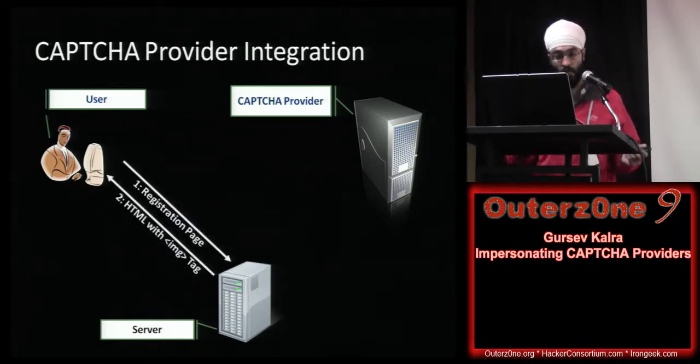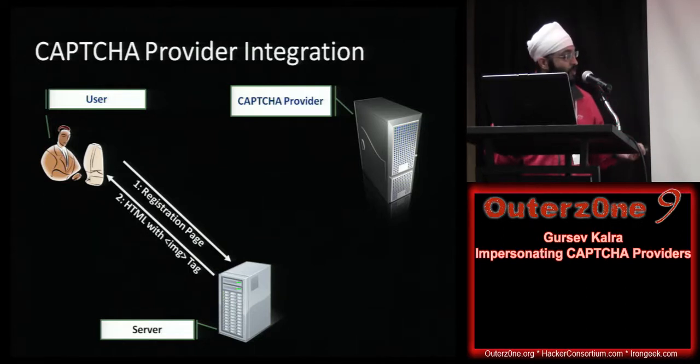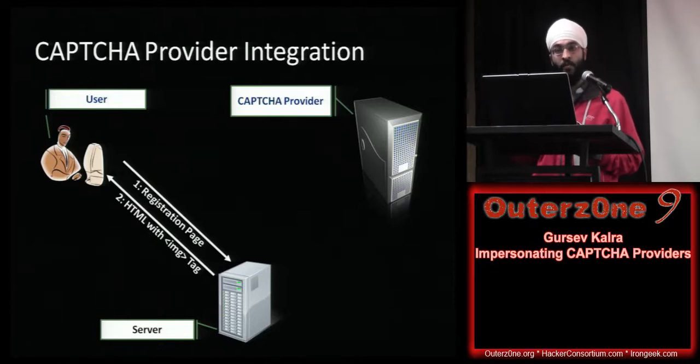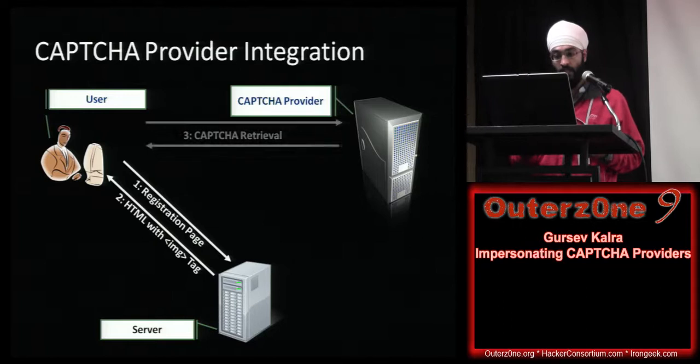The next step, you get an HTML back, or JSP or whatever file, which has an image or a script tag. So when the browser reaches that HTML tag, it will retrieve the image, or it will retrieve a JavaScript, which is further going to retrieve images and then show it to you. The next step is the CAPTCHA retrieval process.